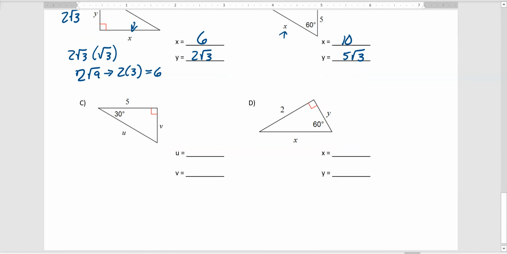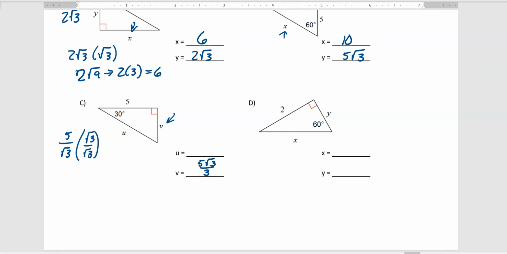Oh, so this time, the middle side is what they gave us. So let's work backwards a little bit. So to find v, I would divide by the square root of 3. Now, obviously, don't want to leave it like that. So rationalize by multiplying root 3 over root 3, and that would give me v is 5 root 3 over 3.